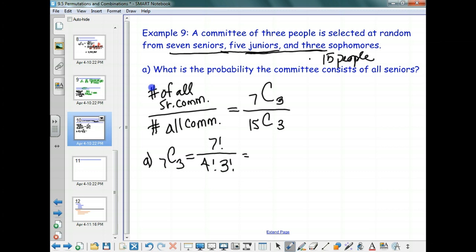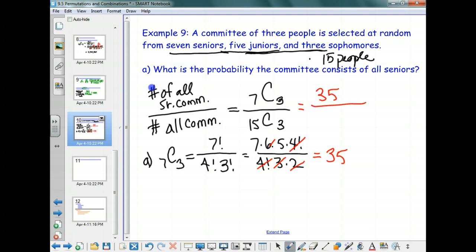So the 7 I will write out until I get down to 4. The 4 factorial can stay on the bottom, and then the 3 factorial is 3 times 2. What's going to reduce? 4 factorial, and 6, since 3 times 2 is 6. So this is 35. So there are 35 different committees that are all seniors.